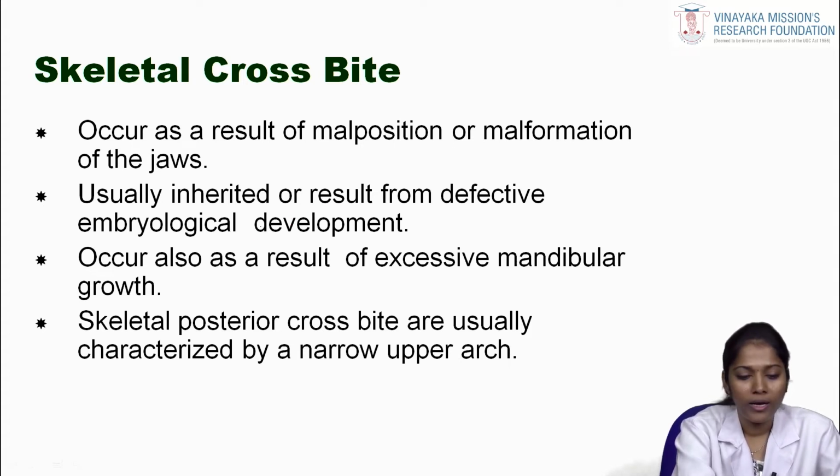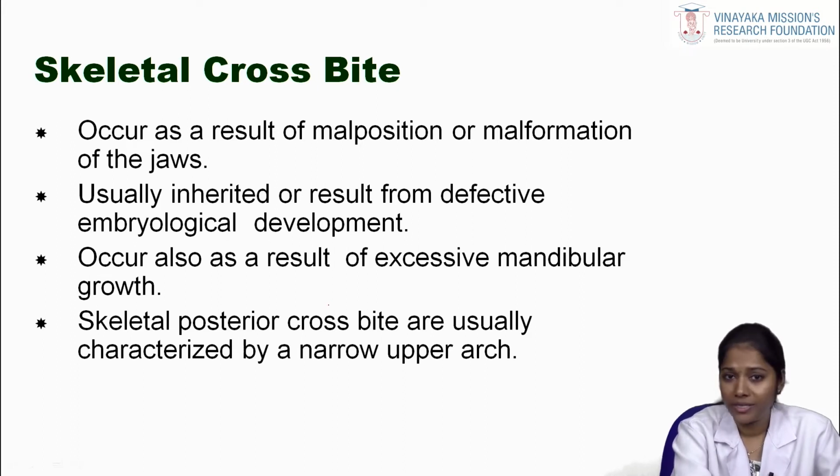Usually this would be inherited from defective embryological development, or it could also be excessive mandibular growth due to a syndrome or familial tendency. And this skeletal posterior cross bite is usually characterized by a narrow upper arch.